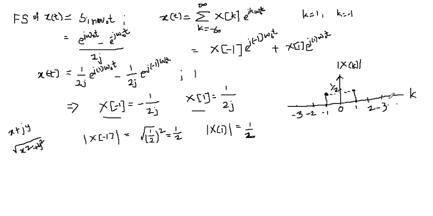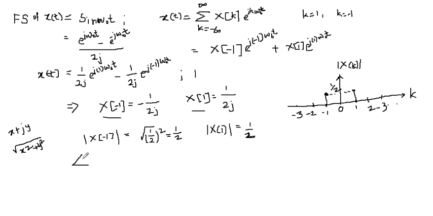The property of this magnitude plot is that it is always symmetrical about the vertical axis, so when we fold it, it is always an even signal. For no other value of k do we have a non-zero value of the magnitude of X of k, so this will be our magnitude plot.